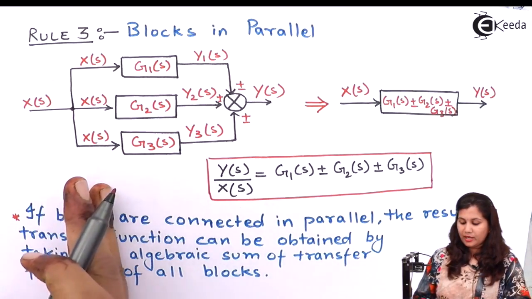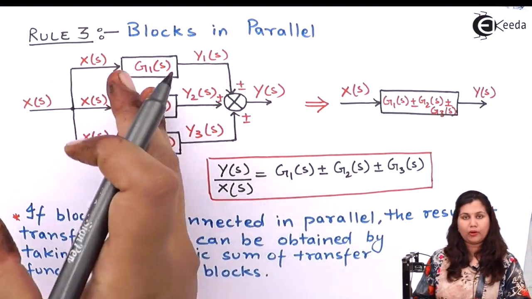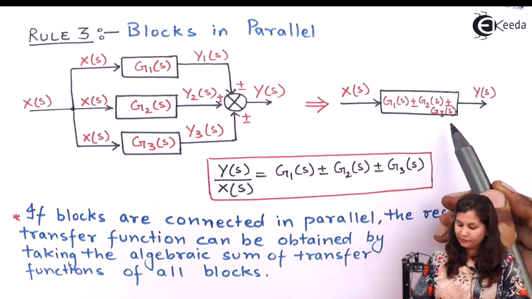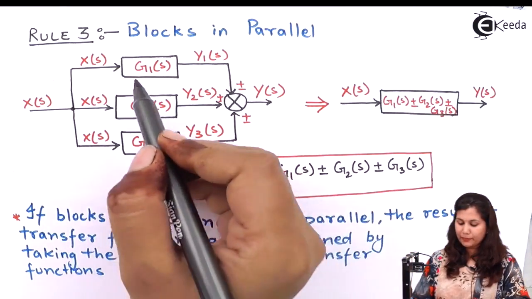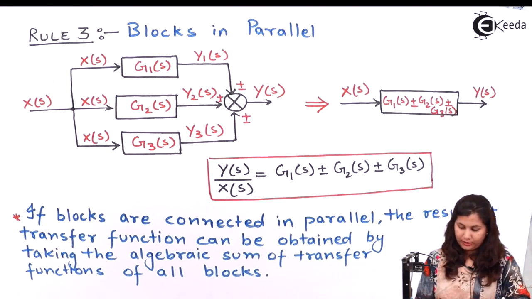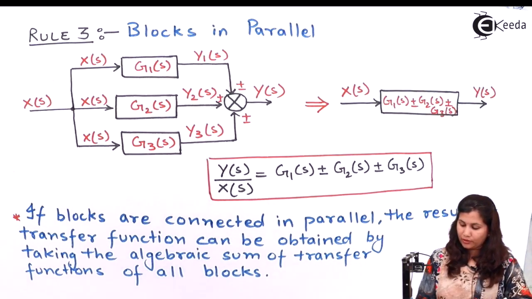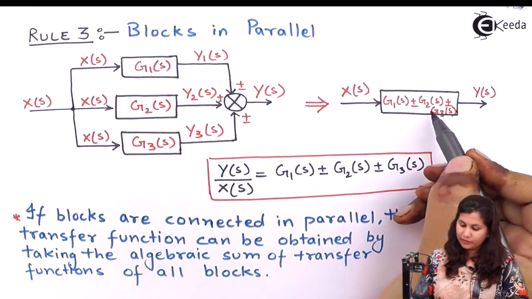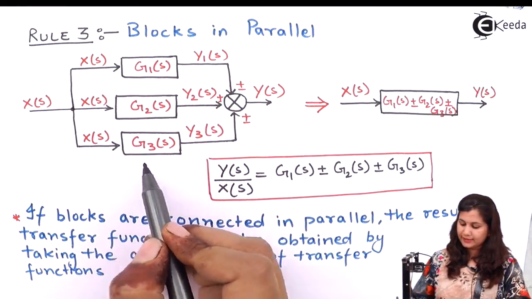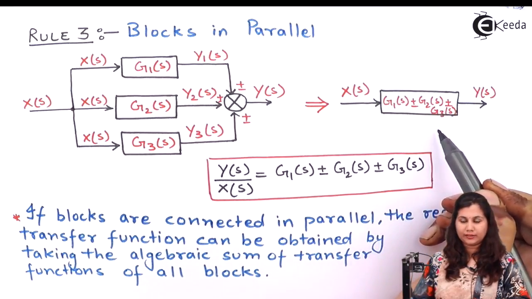So we can reduce these three blocks into a single block which has the transfer function as the algebraic sum of the individual transfer functions. That is, the block is given by G1(s), G2(s) and G3(s) summed up with each other.